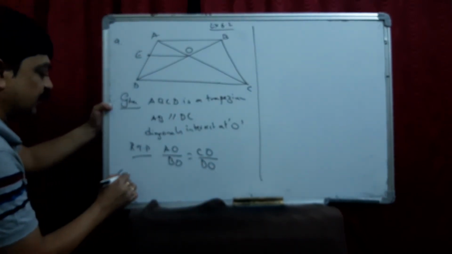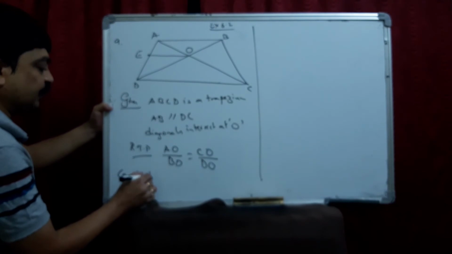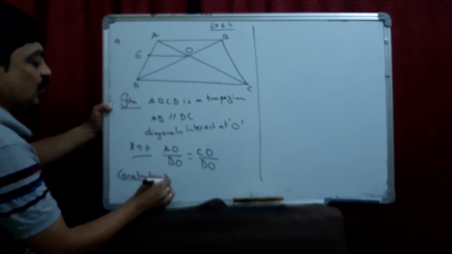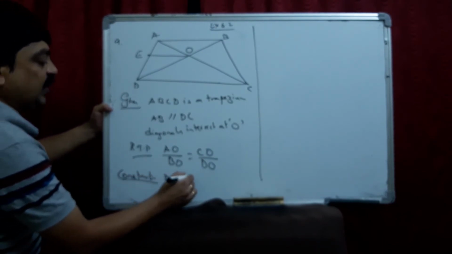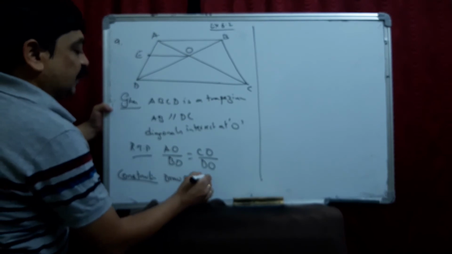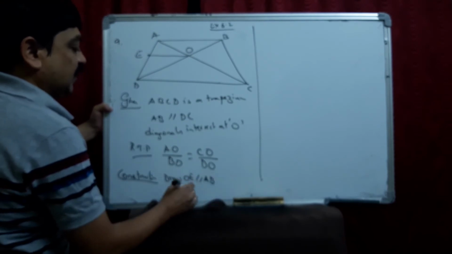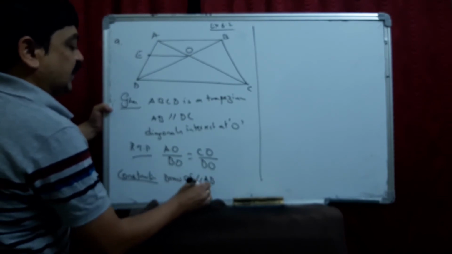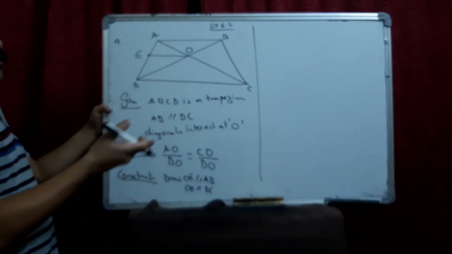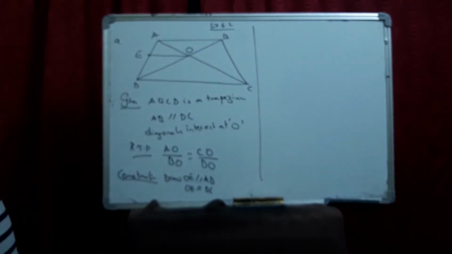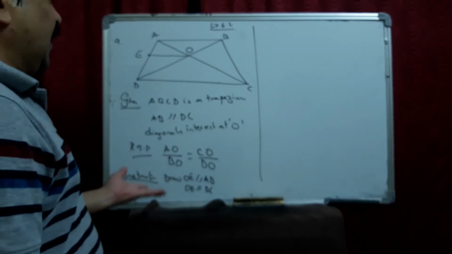A little construction is required here. Construction: draw OE parallel to AB. If it is parallel to AB, it is also parallel to DC because AB is parallel to DC. Okay, OE is parallel to AB and also DC.